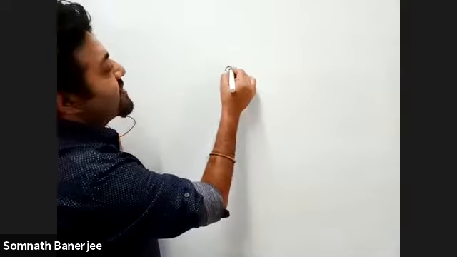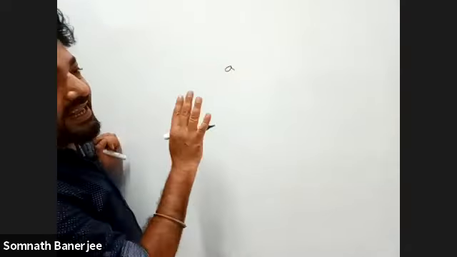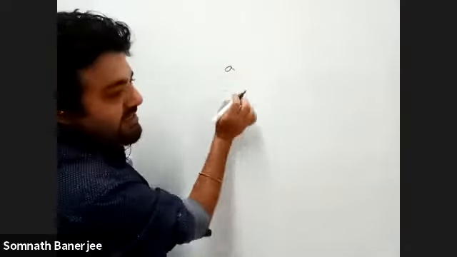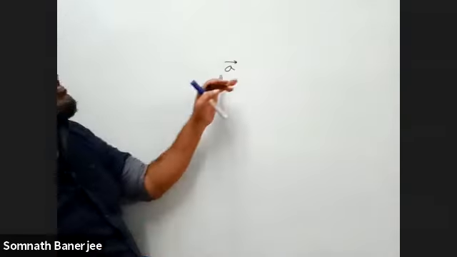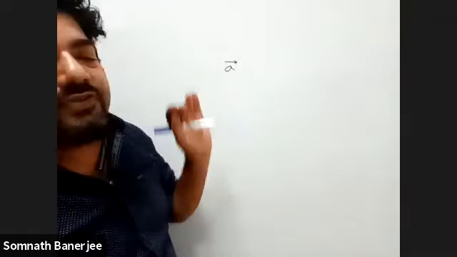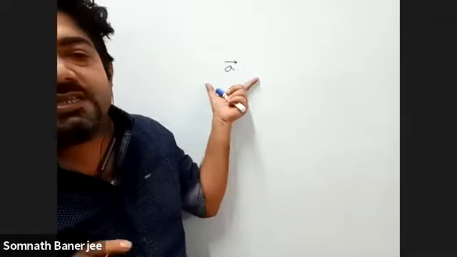First, the symbolic representation of a vector, and second, the graphical representation of a vector. In symbolic representation, you write the physical quantity with an arrow on the head. That means you are representing the magnitude as well as the direction.